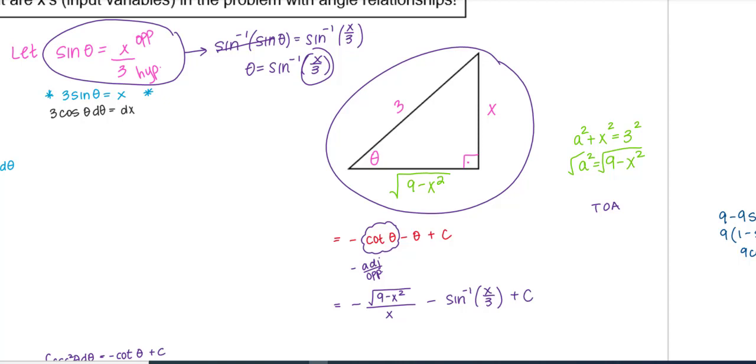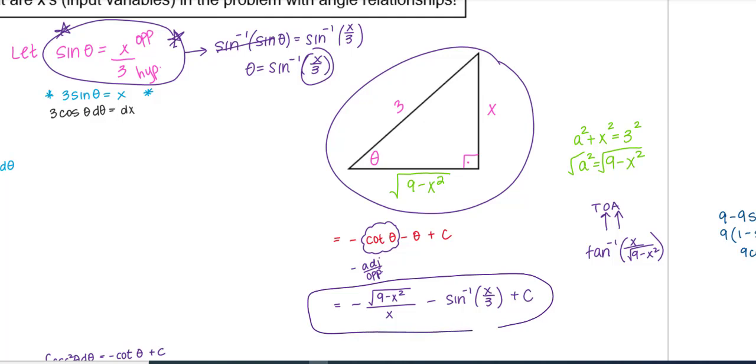I could have said it's inverse tangent of the opposite over adjacent, so I could have said inverse tangent, the opposite is x, the adjacent is the square root. So there's really 6 different options for that theta. Again, I just go off of the one that we wrote from the beginning because that usually uses the least bit of difficult stuff. So here's my antiderivative back in terms of x evaluated. Don't forget your plus c.